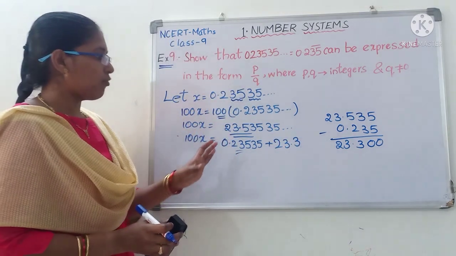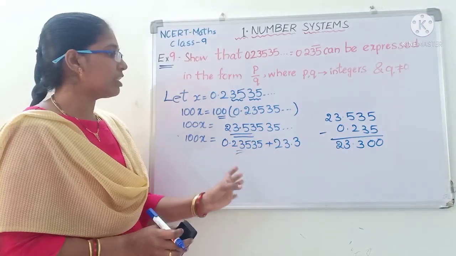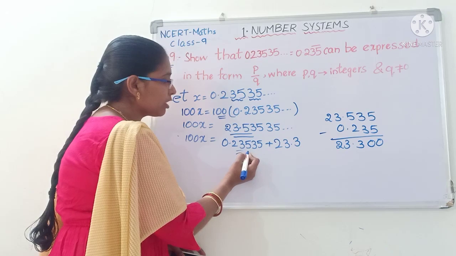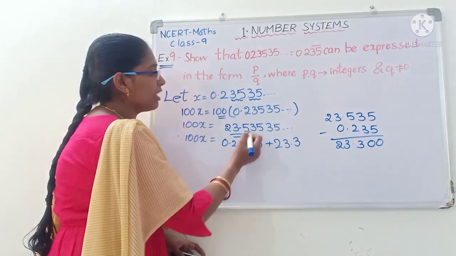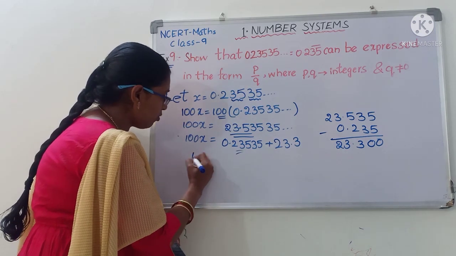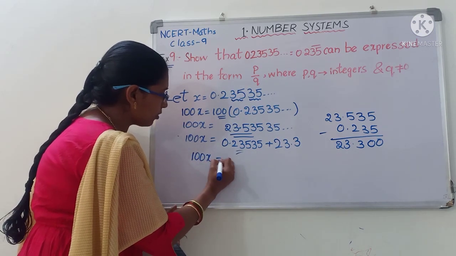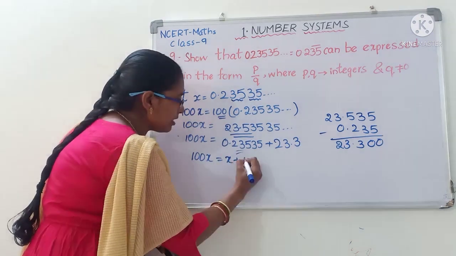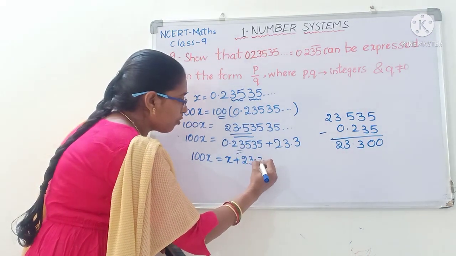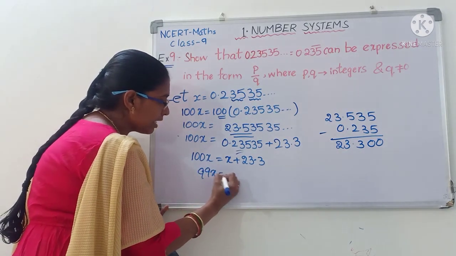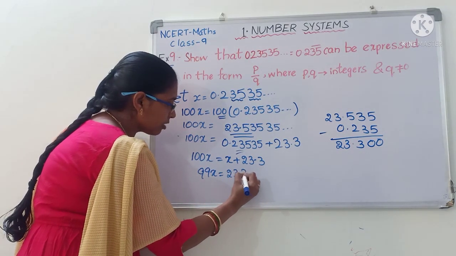When the problem is somewhat big, the number is big, if you do in this way, it will be easy, children. 23.3 plus 0.23535 is nothing but 23.535. So, now next step, 100x is equal to 0.23535 is nothing but x plus 23.3. 100x minus x is 99x. 99x is equal to 23.3.